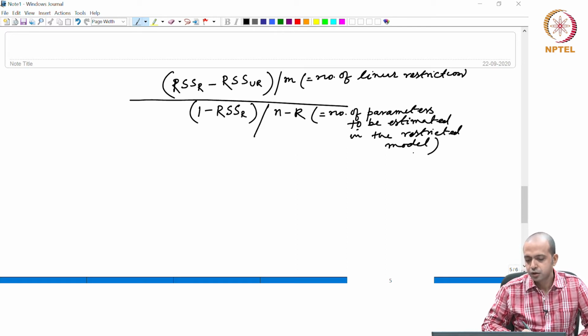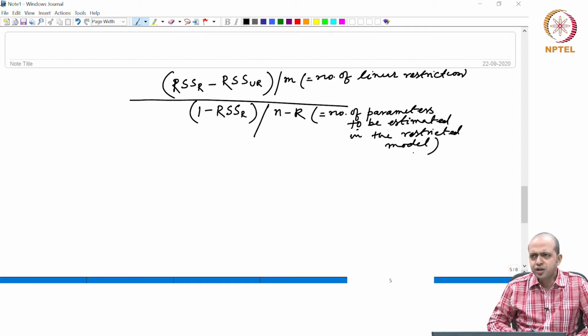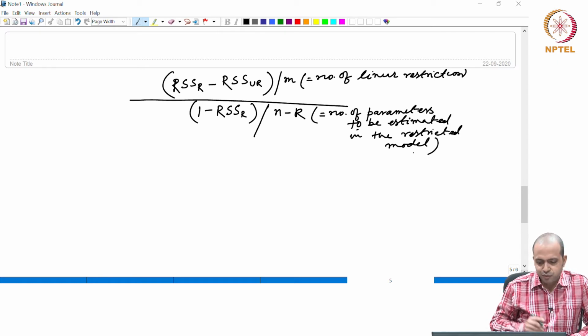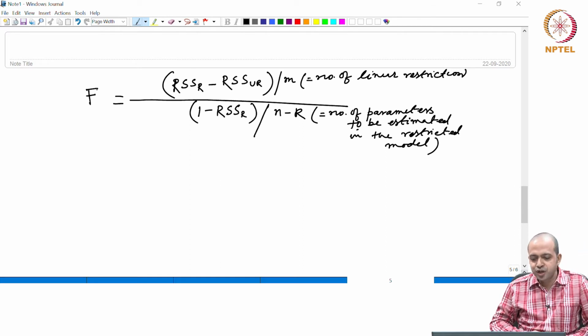Now, first question. If you look at the earlier F, that means when we were testing the equality between two regression coefficients, we used the F-statistic, but that F was defined in terms of R square new and R square old. Then why are we not using R square to define the same test statistic here?